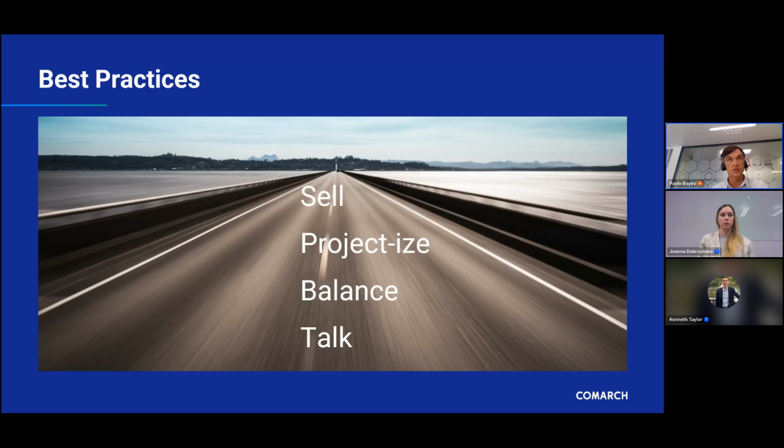Make sure that you update those that are closely involved and impacted by this change, that you inform them on a regular basis on where you stand, what has been achieved. Kenneth, you mentioned at the very beginning the big picture.